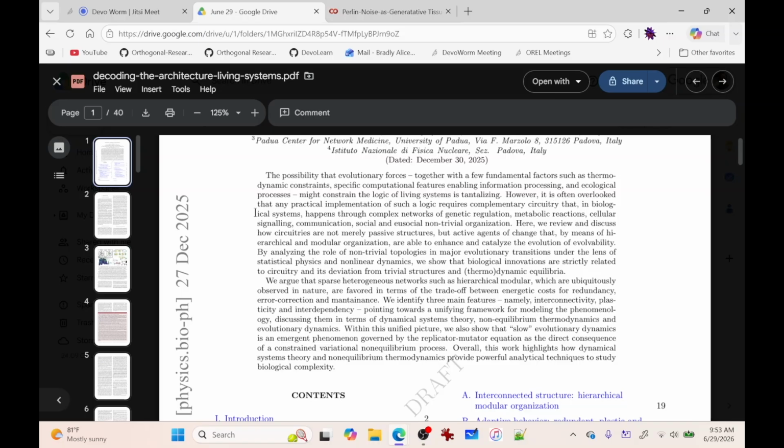However, it is often overlooked that any practical implementation of such a logic requires a complementary circuitry that, in biological systems, happens through complex networks of genetic regulation, metabolic reactions, cellular signaling, communication, social and eusocial non-trivial organization. So a lot of things from these abstract networks to different types of communication and types of organization. So it's a broad swath of things.